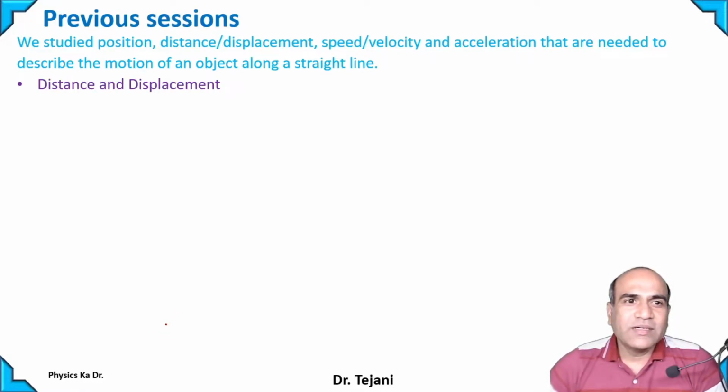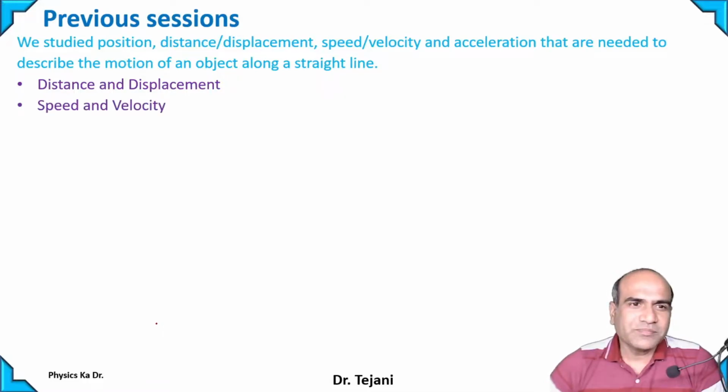We have one topic on displacement and distance. Then speed and velocity, what are the differences between speed and velocity? And the full session, it is more than 1 hour with so many examples.